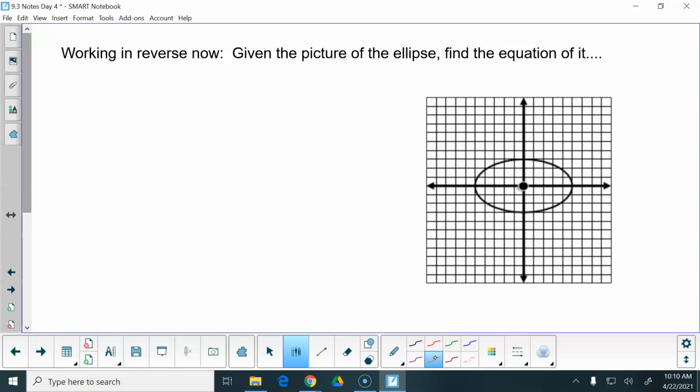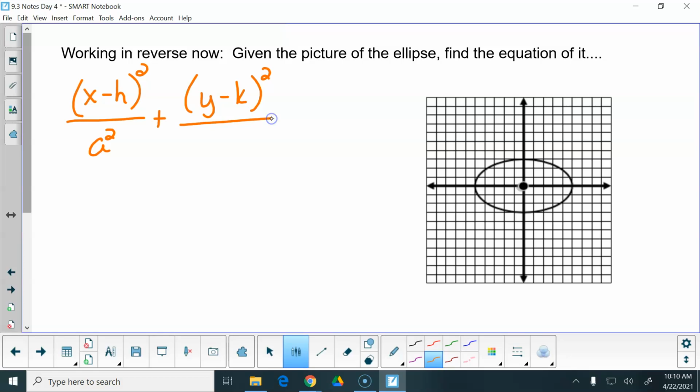Well, first off, remember that all ellipses have the equation x minus h quantity squared divided by a squared plus y minus k quantity squared divided by b squared equals 1.